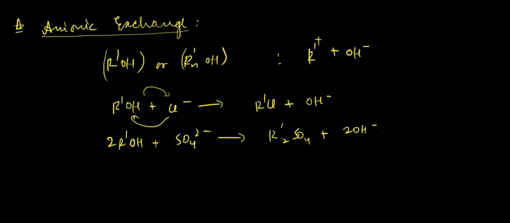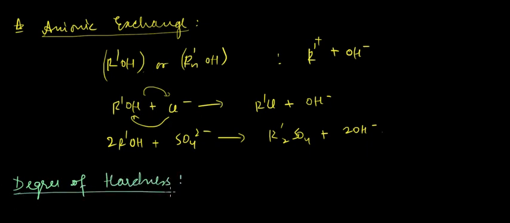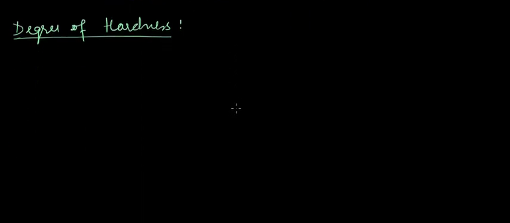Next, let's discuss the degree of hardness. The degree of hardness of water is measured in terms of a substance X in parts per million, or ppm.